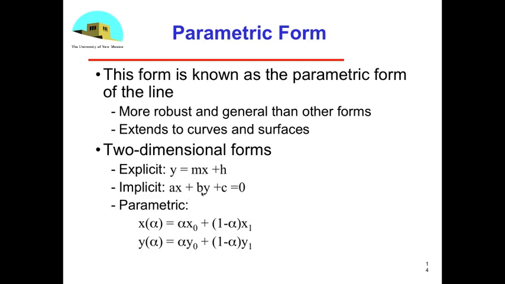If I have a vertical line, b will be 0. So they all fit in here. But in general, this is not quite what you want, because you have to solve this. You have to look, well, is a 0 or b 0? And if I give you an x, then I'll find a y, and I have to do a solving. And if I try and extend this to something beyond the line, I'm really in trouble. Now, the parametric form is kind of nice.